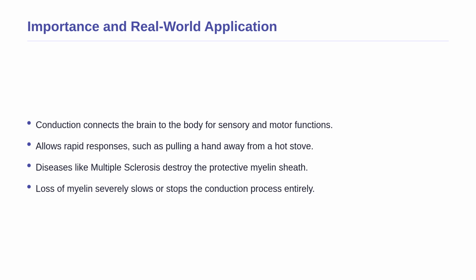In debilitating diseases like multiple sclerosis, the protective myelin sheath around nerves is destroyed. This severely slows down or completely stops the conduction process, proving that the precise speed of these signals is absolutely vital for movement, sensation, and life itself.